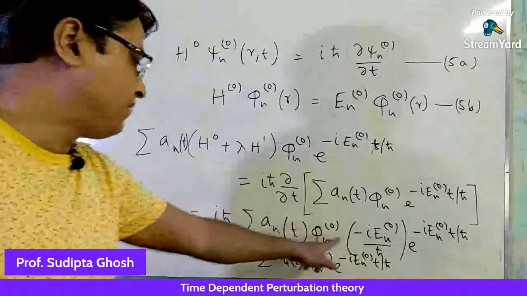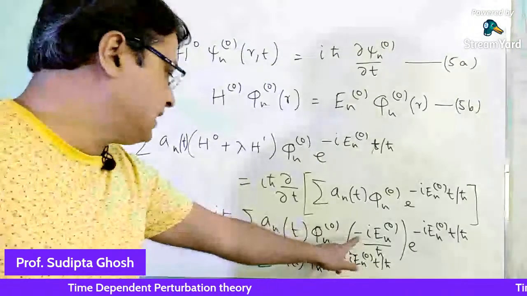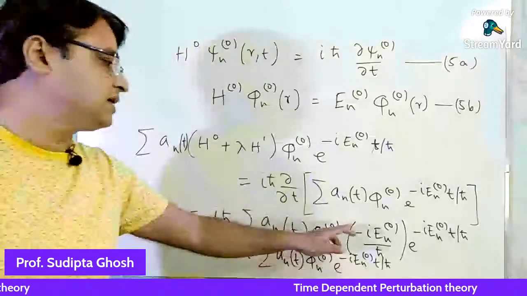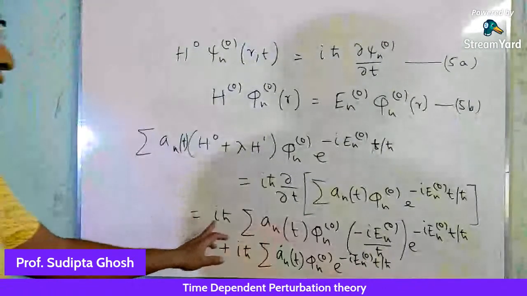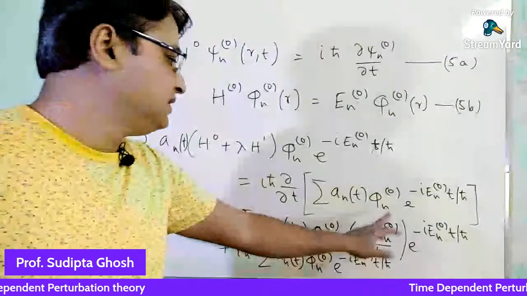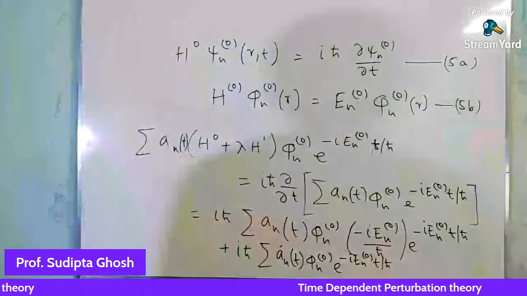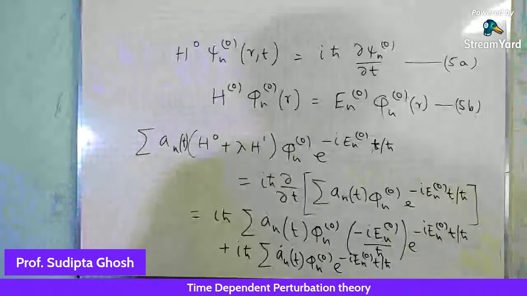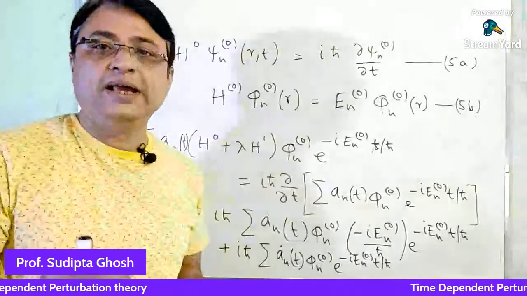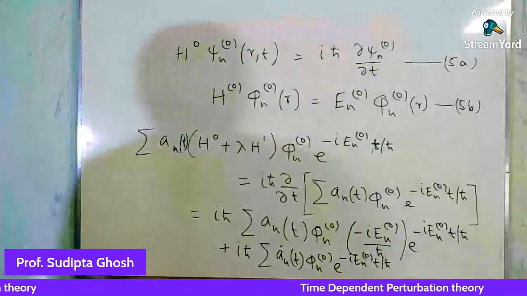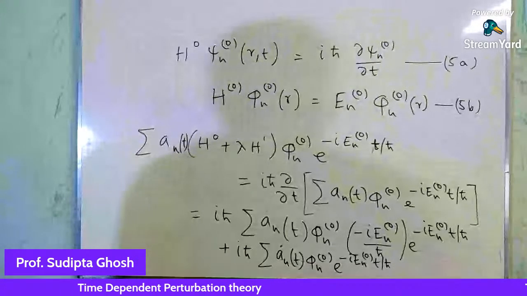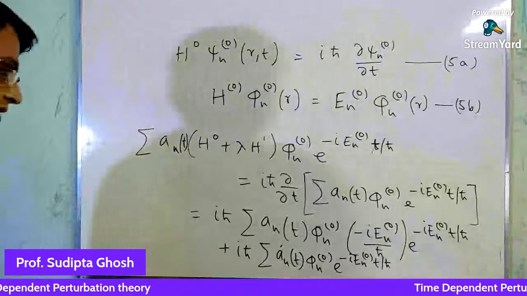Now here the first term will be minus i and i, that is minus of i square. i square means minus 1, so minus of i square means again plus. So it will be summation a n t phi n0 En0 e to the power minus i En0 t by h cut. So using this relation we can cancel the term summation of a n t En0 phi n0 e to the power minus i En0 t by h cut on both the sides.